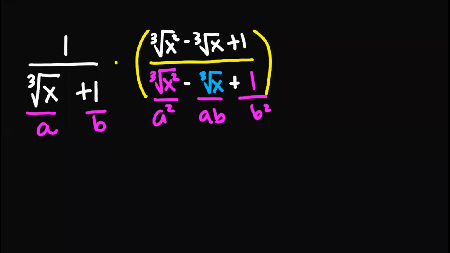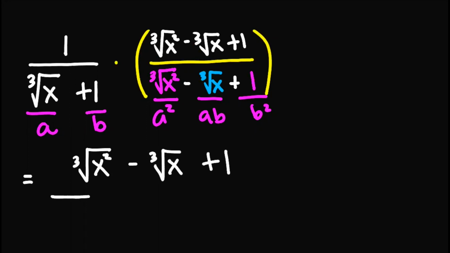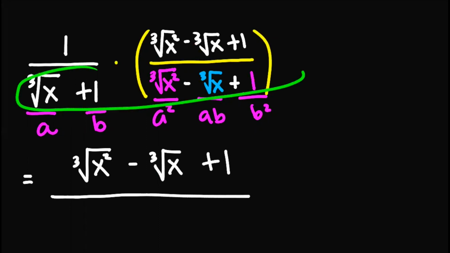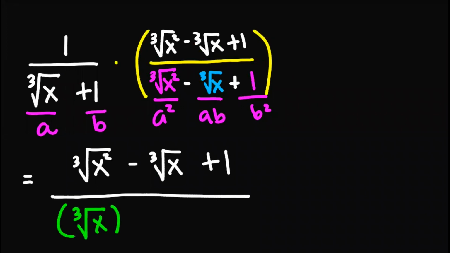And now, simplifying this, 1 times this trinomial out here will give us cube root of x squared minus cube root of x plus 1 over, we know that when we multiply this out here, the outcome is the cube root of x cubed plus 1 cubed.